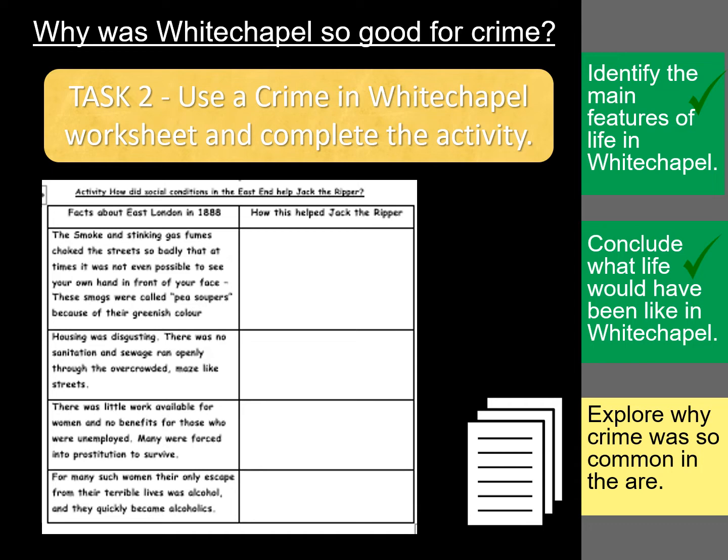So make sure you download the second task, and you can draw the table out, or you can use the one that's on Word, whatever you prefer doing, and then read the information in the facts column and then put your opinion about why you think this would have helped Jack the Ripper commit these particular crimes. So pause the video, 20 minutes and 45 seconds, complete task 2 and then start the video up again.